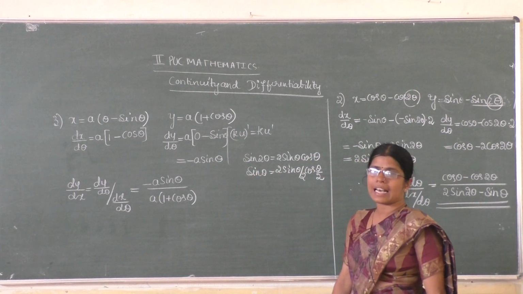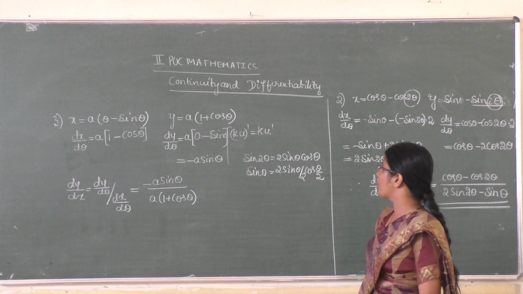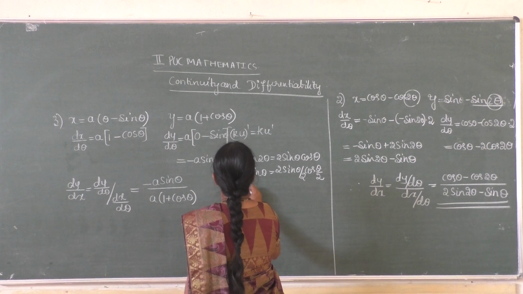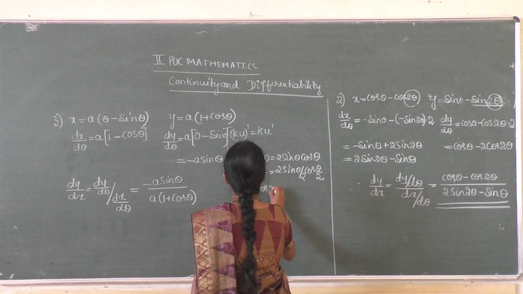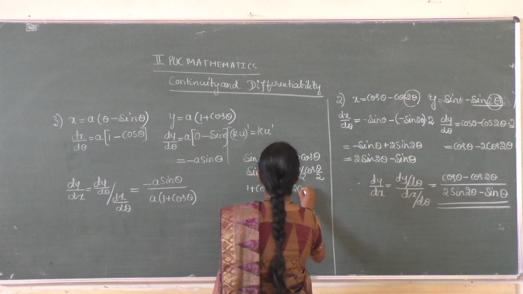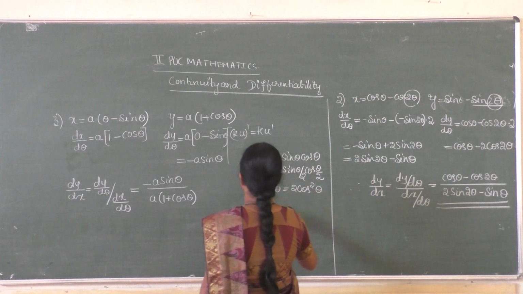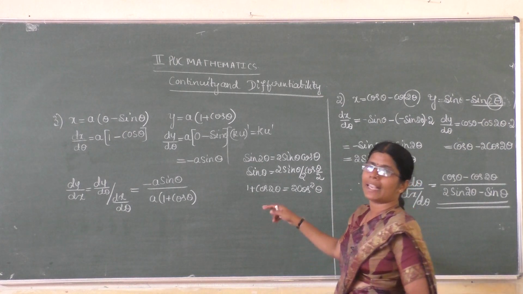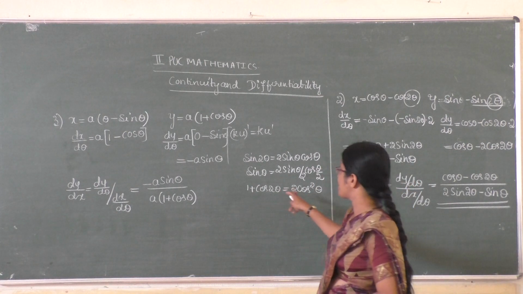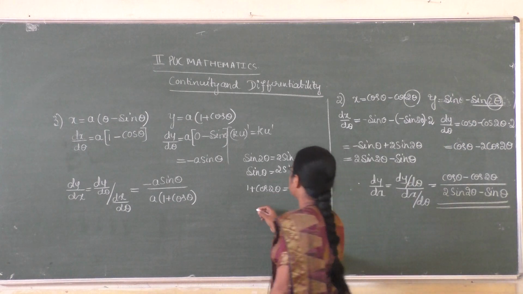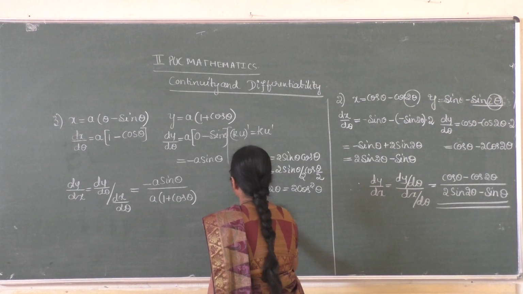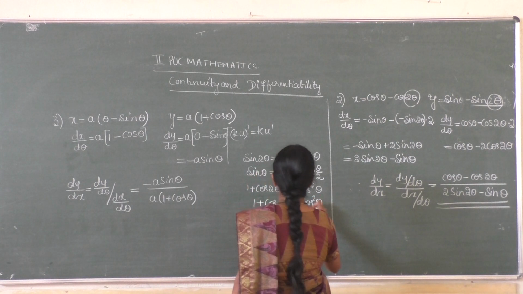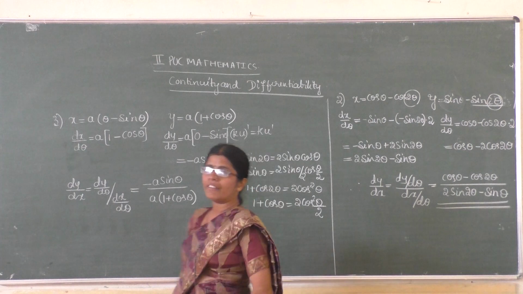Similarly, we have 1 plus cos 2 theta equal to 2 cos square theta, because for cos 2 theta we have the formula 2 cos square theta minus 1. So 1 plus cos theta is 2 cos square theta by 2. This also we studied in first PUC.